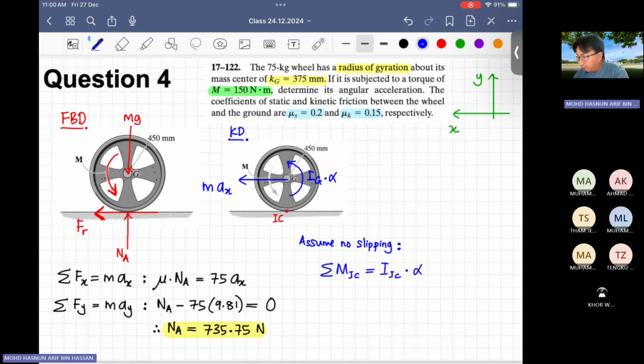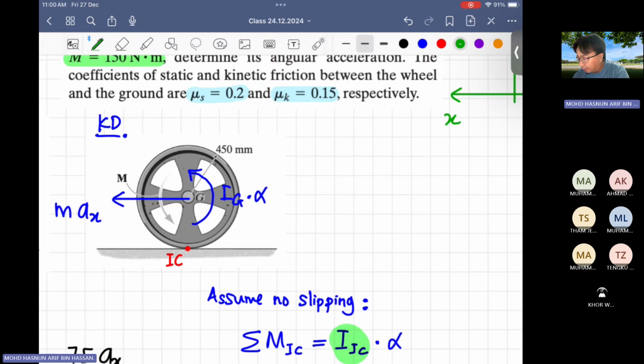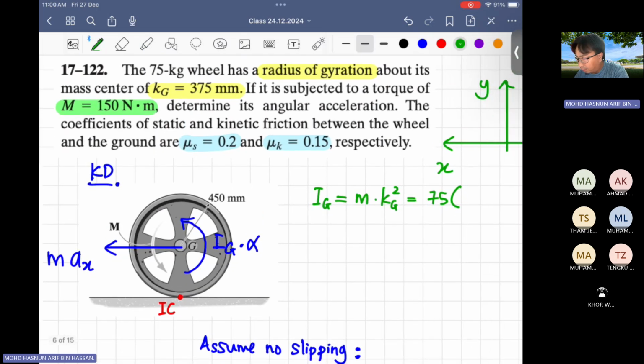So we need to calculate IIC to do this calculation. So let's calculate IG first. IG is equal to M times k_G squared, which is 75 times, what is the value of the radius of gyration?